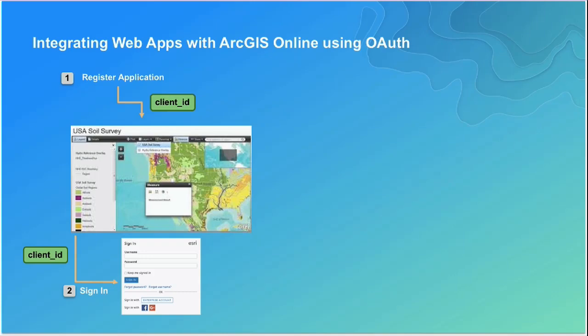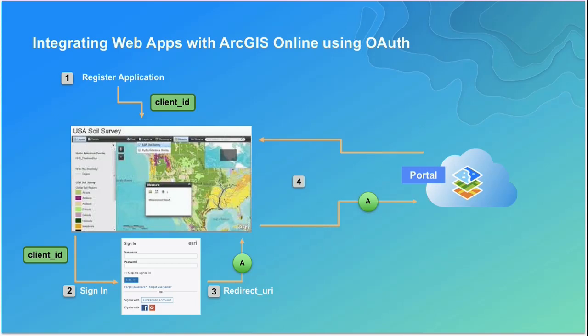And then once that login process is done, the sign-in redirects back to the application, validating that redirect URI is actually right for the application, and enforces it. And you get an authentication token. And then using that authentication token, you can work with the REST API on the user's behalf.